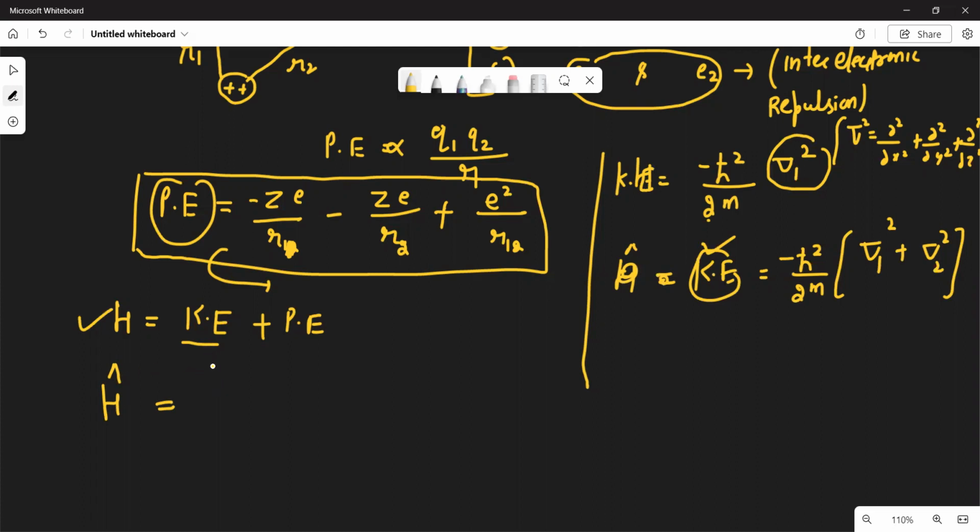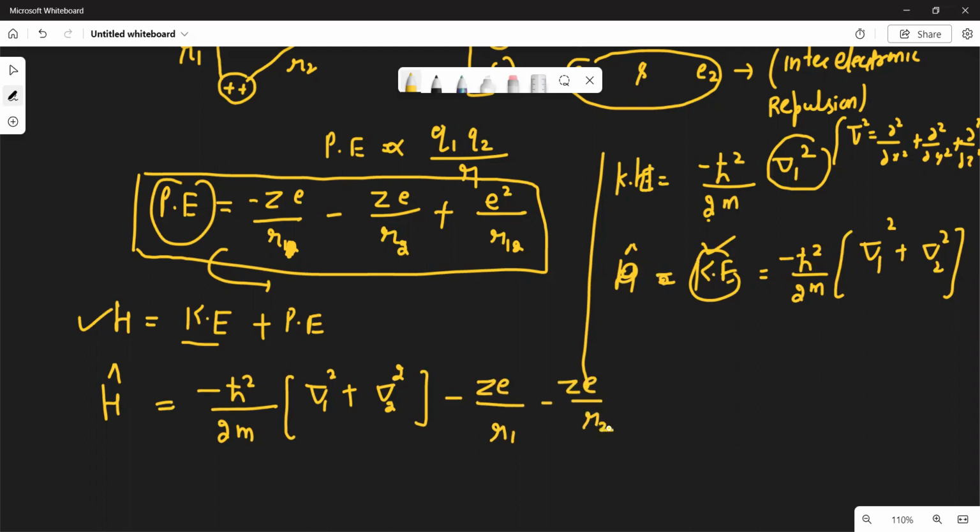So the expression is minus h cross square upon 2m, del 1 square plus del 2 square, then the potential energy term minus Ze upon R1 minus Ze upon R2 plus e square by R12. We can mark this equation 1.